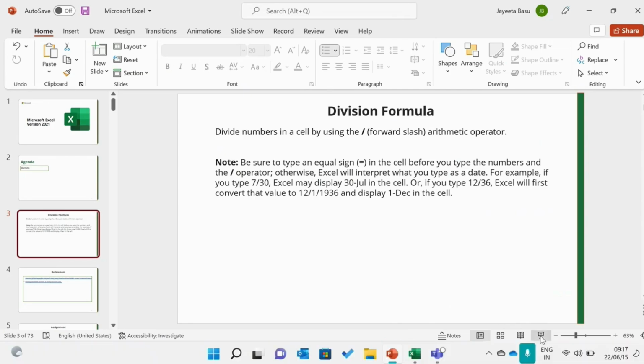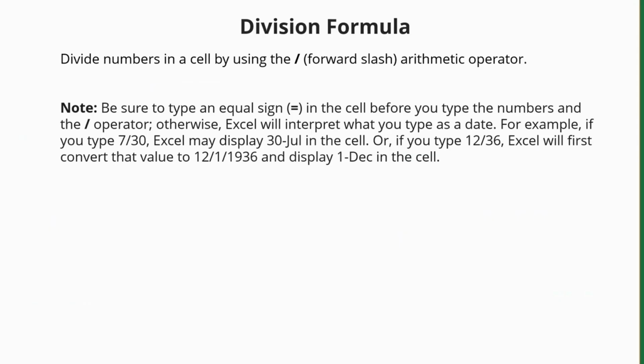Now, a very important thing that you should be knowing is, why are we inserting the equal to sign? Because if you're not inserting the equal to sign, it might just consider a date. Now, if you have seen, dates also come with a /, right?